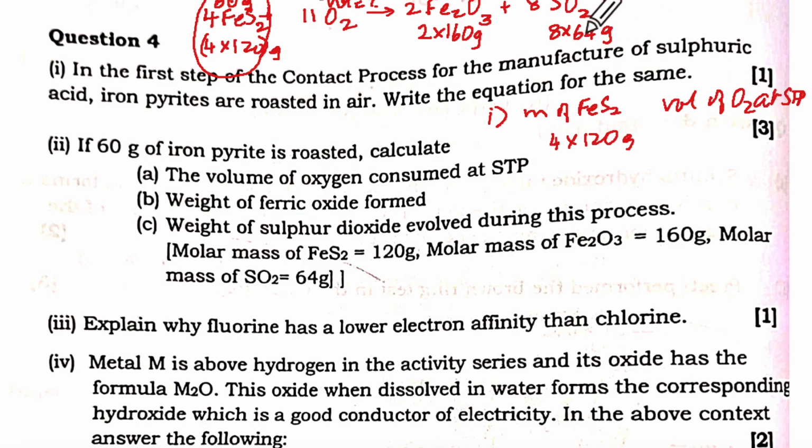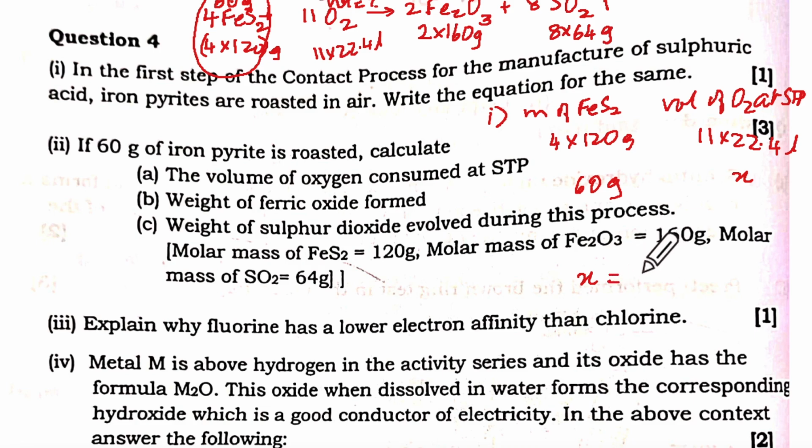So volume is going to be of O2. There are 11 molecules. So there are 11 moles. So the volume will be 11 into 22.4 liters at STP. And so it will be 60 grams, then X. Understood how to form this?